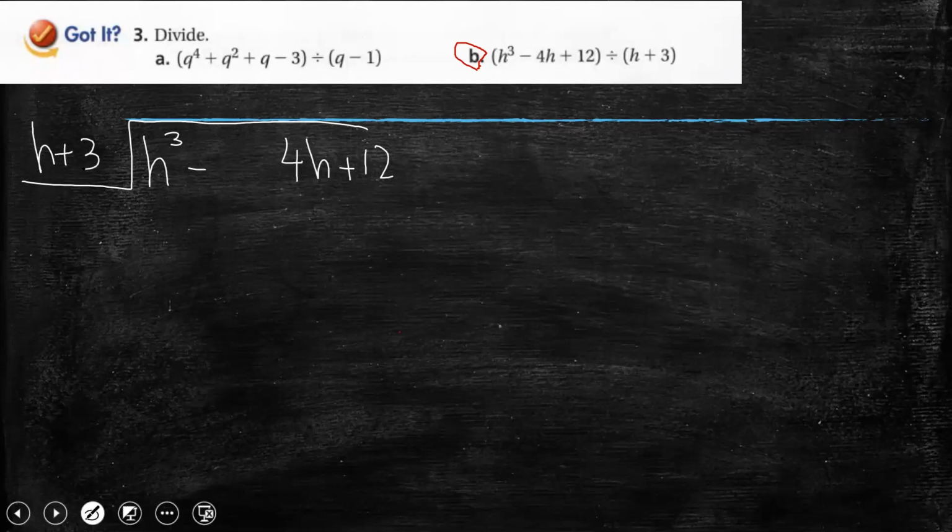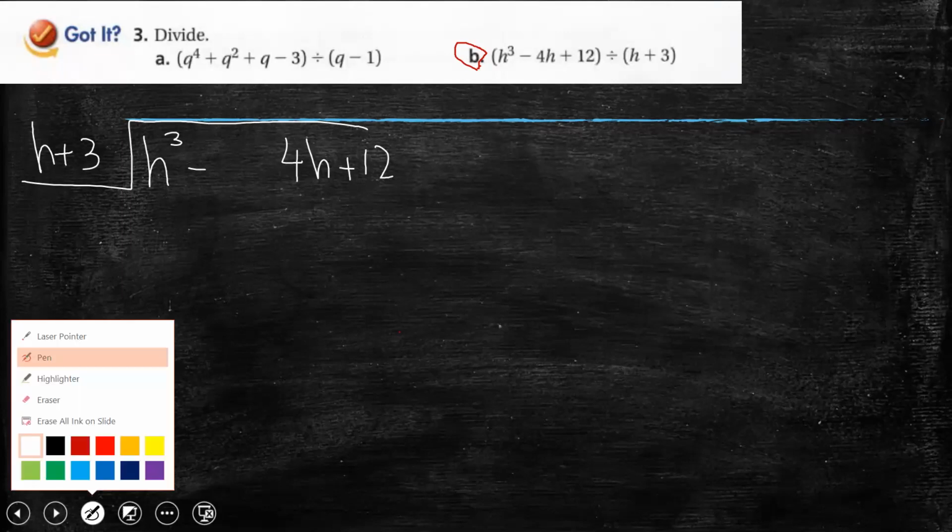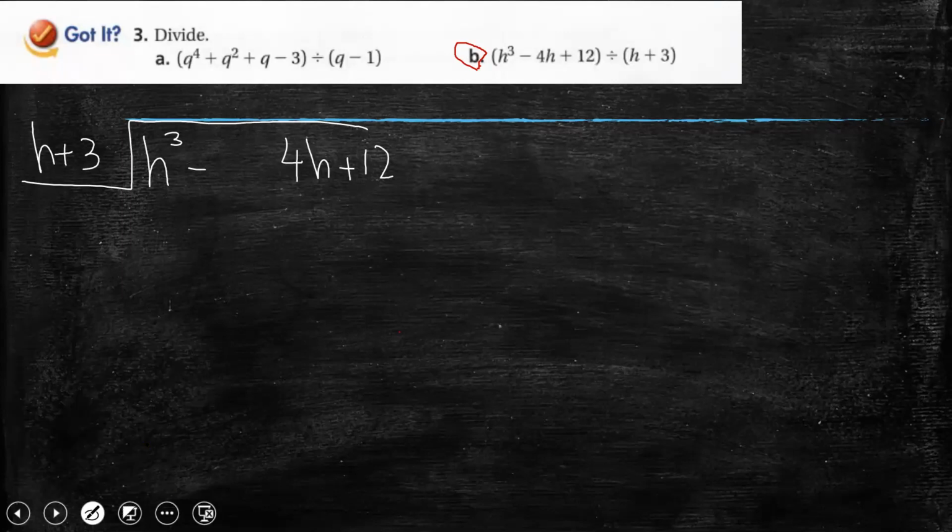Now, when you want to divide, the first step, look at each term. Is there anything missing? Yes, miss. It's h squared. Bravo. You have to add h squared with 0 coefficient. That means you don't make any change, but later on you will need it.